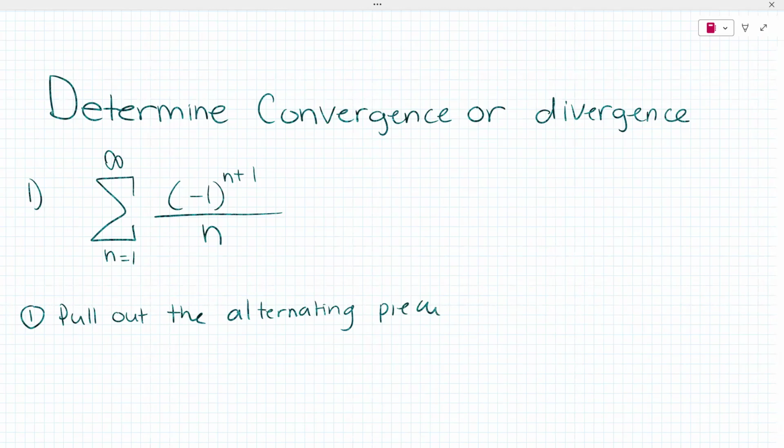I'm going to factor out the (-1) raised to the n plus 1, and this is what you're left with. So now you're just left with 1 over n.